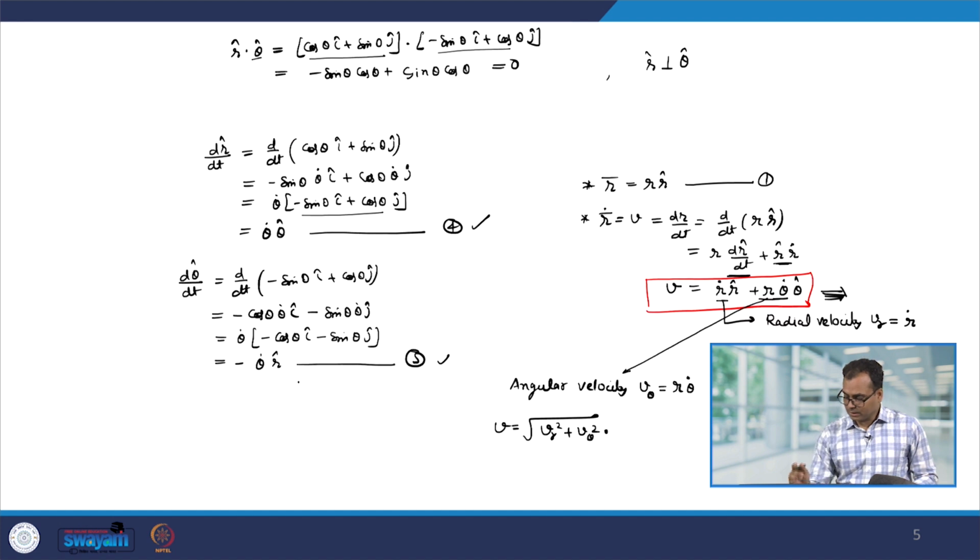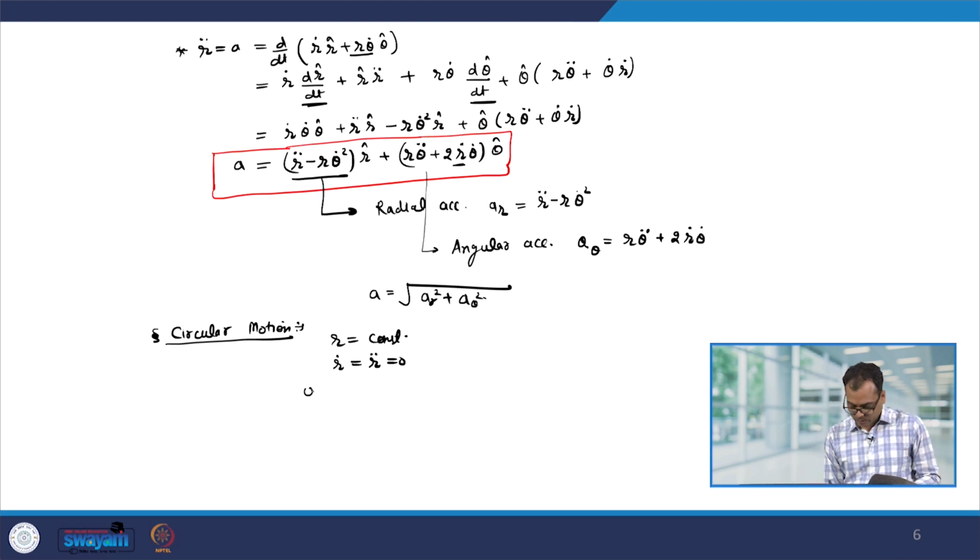Now, let us look at the velocity. Velocity was r dot r cap plus r theta dot theta cap, but r dot will be 0. Therefore, Vr is 0 and V theta is r theta dot, and theta dot is nothing but omega. So, we know that V equal to r omega for circular motion.